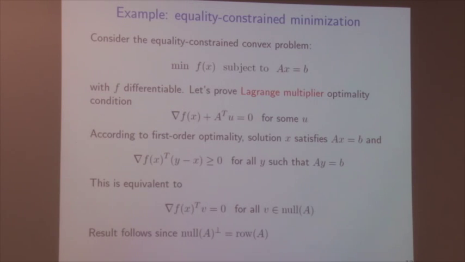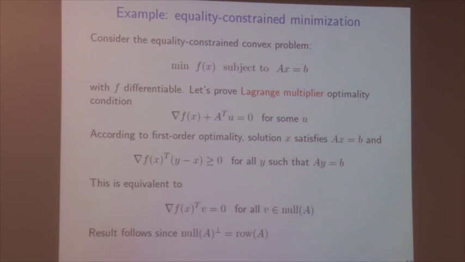Okay. So we can actually go from our original optimality condition and look at it in the lens of this explicit equality constraint. So we know that gradient f of x dotted with y minus x is going to be greater than or equal to 0 for all y that satisfy this Ay equal to b. We also know that Ax equals b is satisfied.